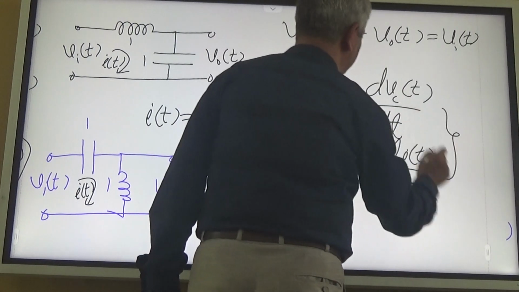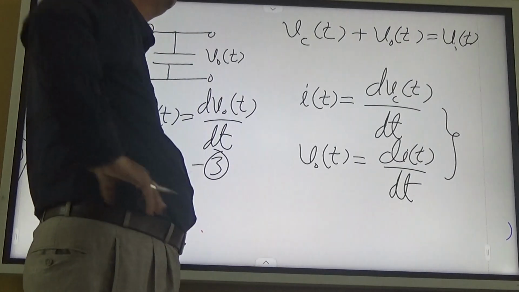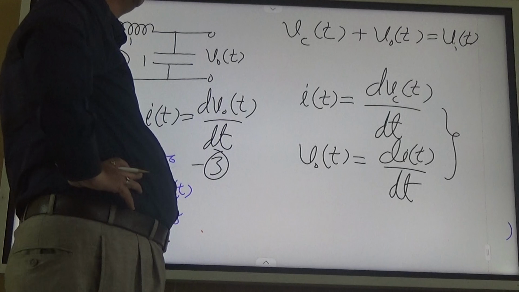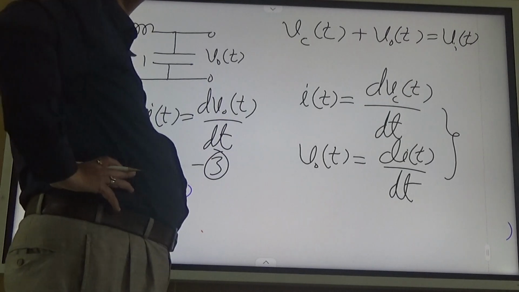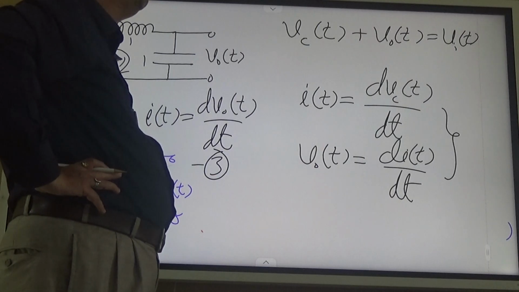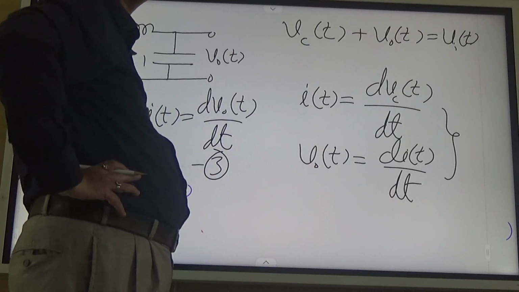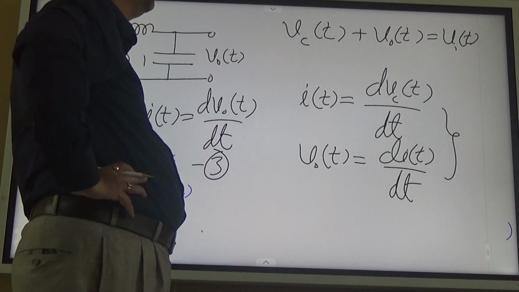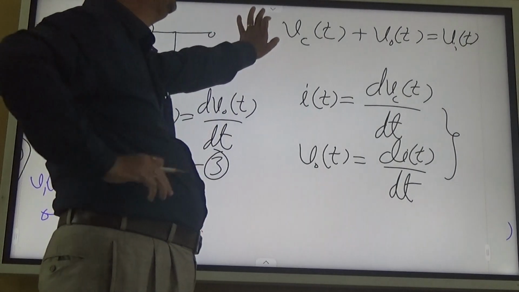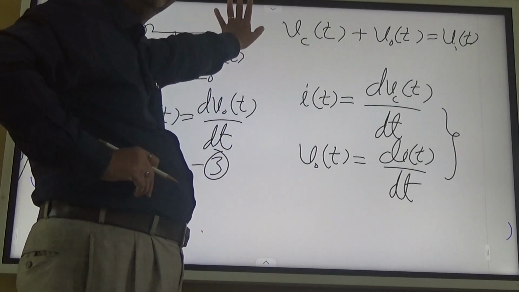If you use both of these above, how can you do that? How do you do it? You get instant thing. No, no, how will you proceed first? This is the equation. So you have to differentiate.